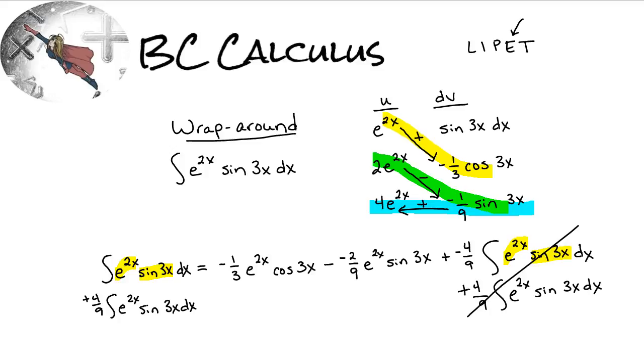Okay, now just add these. So this integral, if you think of common denominator, that's the same as having 9/9 of that original integral plus 4/9.